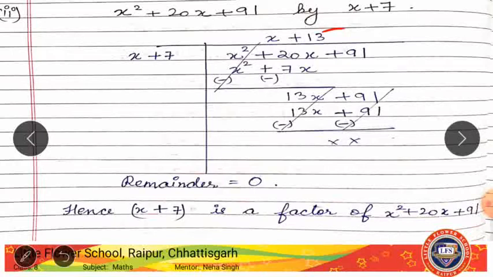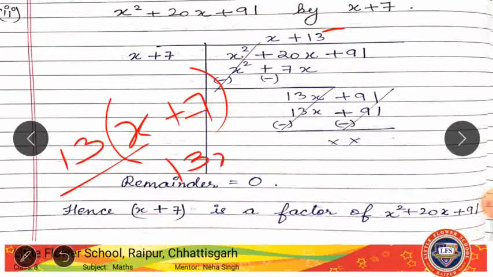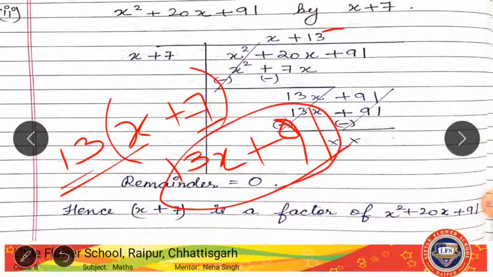We can see it here. We have written it. Now this was the first step again. Next step was 13 has to be multiplied with x plus 7. So 13 into x is 13x, plus 7 into 13. 13 sevens are 91. So what are we getting? 13x plus 91.